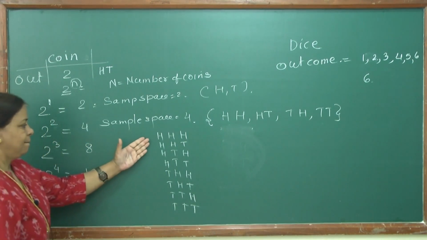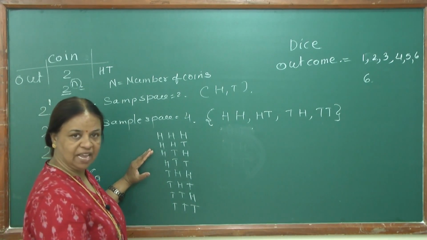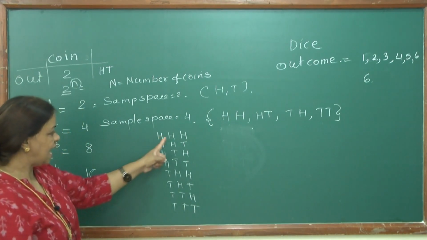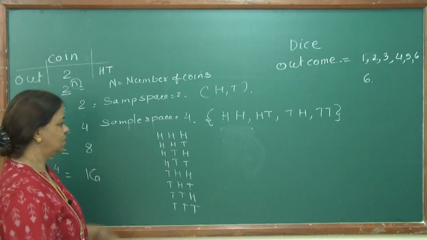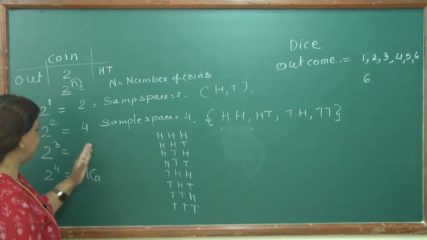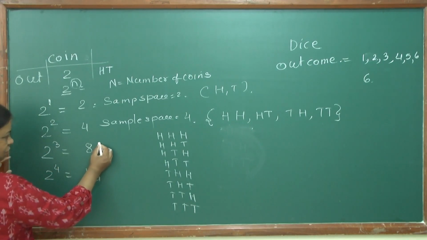Okay. Now in the sum when I am solving, I have shown here that I began with head. You can also begin with tail if you want. Now you can write down the sample space of it.